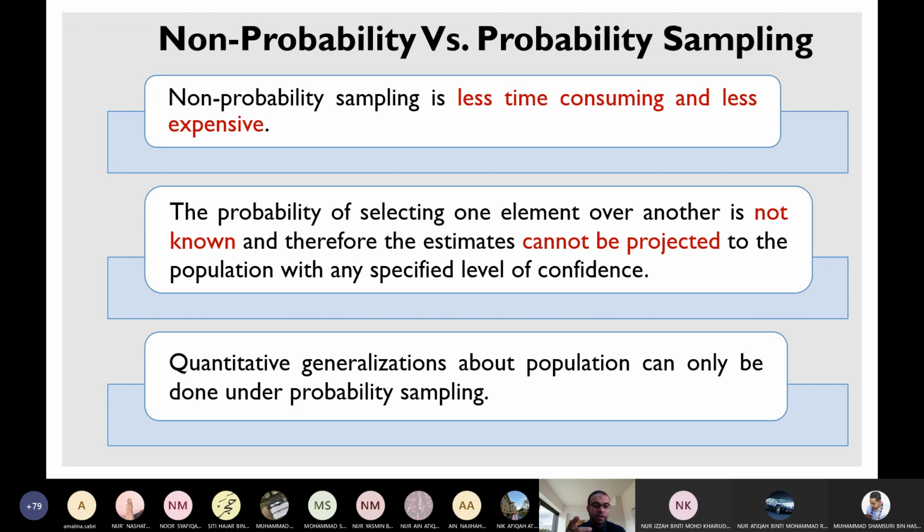The probability of each and every individual to be included cannot be known for all the units. And for quantitative generalization, if you really want to generalize the findings, you have to think about probability sampling. This is the only sampling that can optimize the generalization of the results.